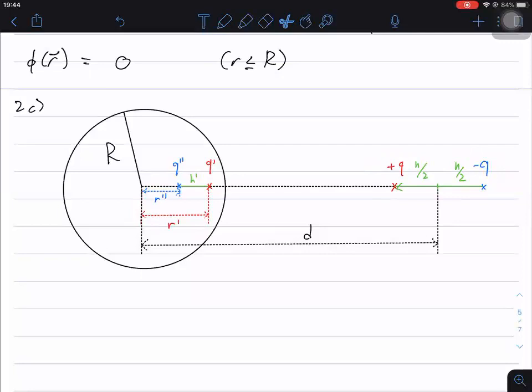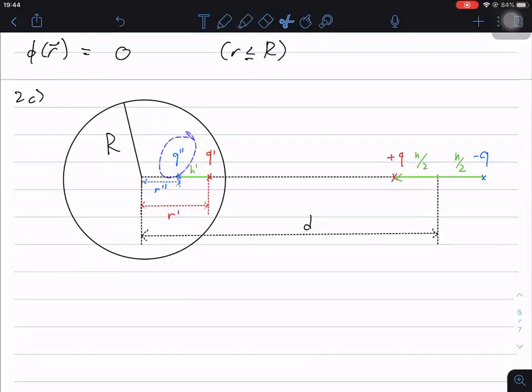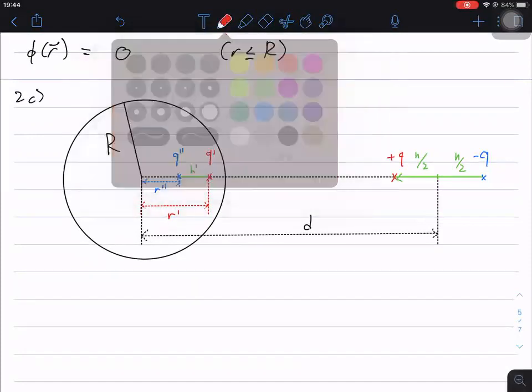Again, we consider two image charges, Q prime and Q prime prime. Notice that at this time, the two charges plus and minus Q have two different distances from the origin because they are separated by the distance h. So the induced image charges Q prime and Q prime prime may not have the same magnitude.